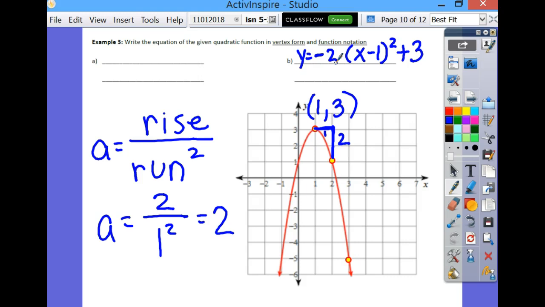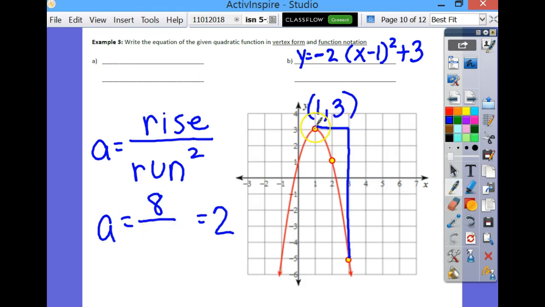But what if you used a different point? What if I use this pretty point right down here? Would I get a different number? I need to make sure that I go all the way back to the vertex, though. What is the rise here? The rise here would be 8.